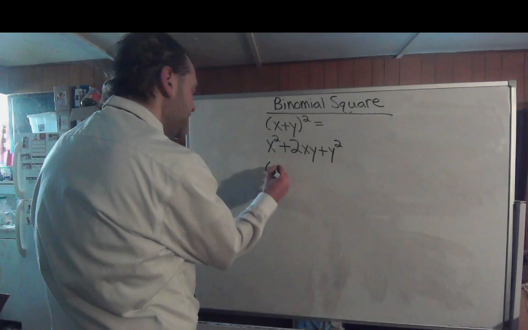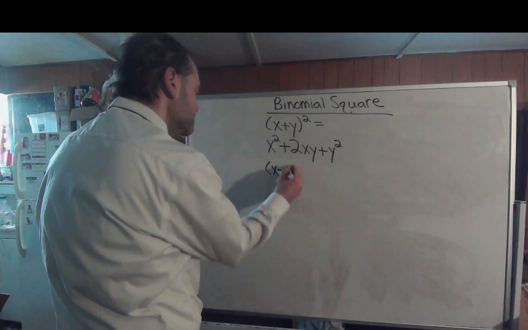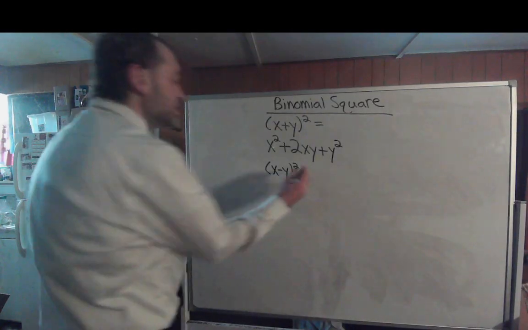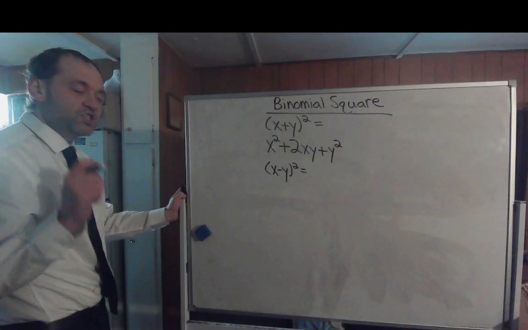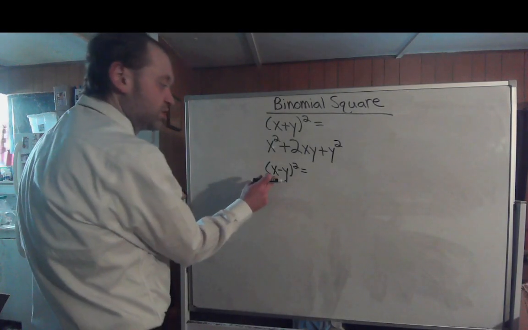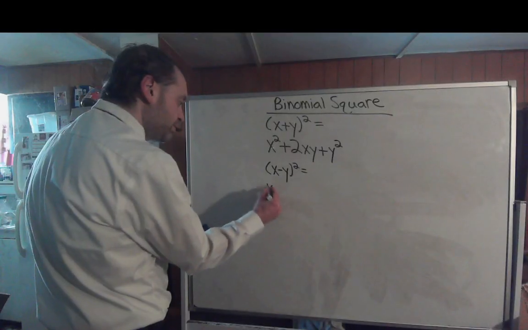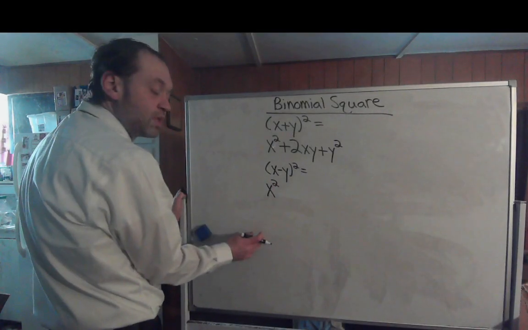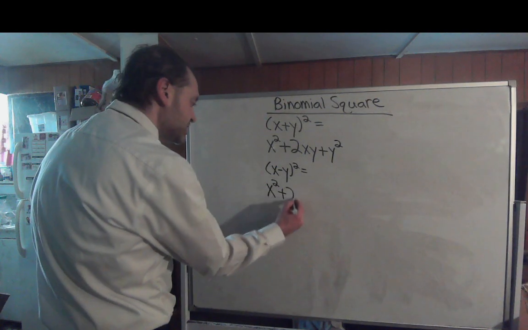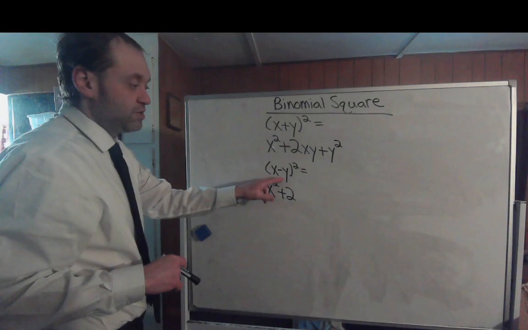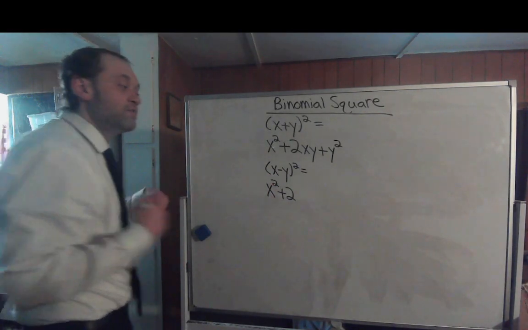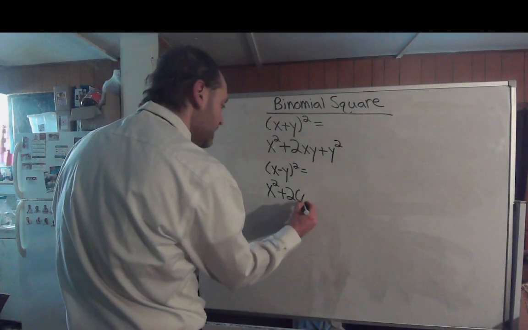Now, what if I had x minus y squared? That's still a binomial squared, but what you have to do now is you take your first term still, raise that to the second power. That'll give you x squared. Plus you'll take that 2. Then you multiply your two terms together, but this time you have x times negative y.